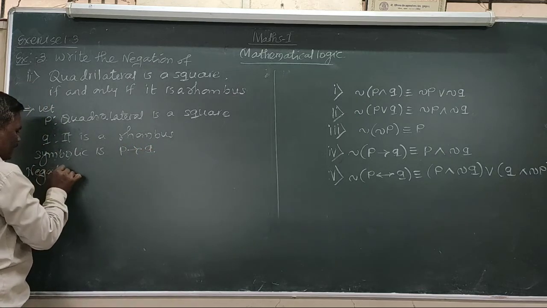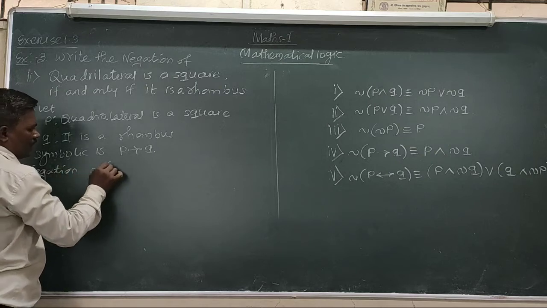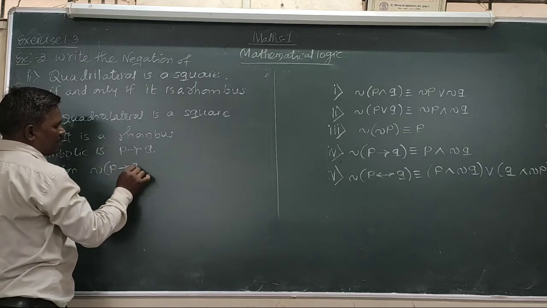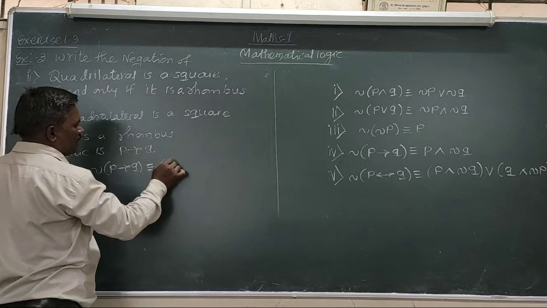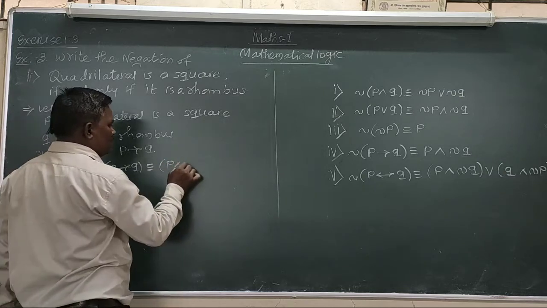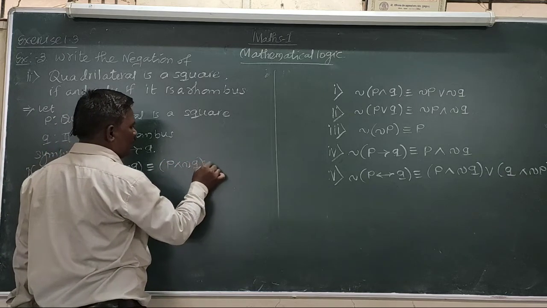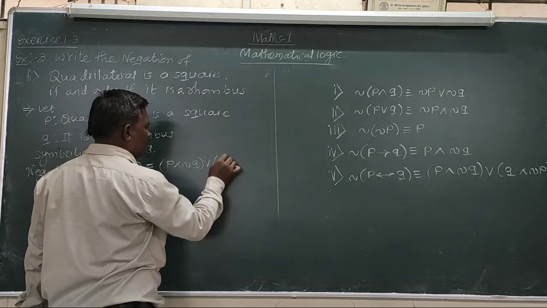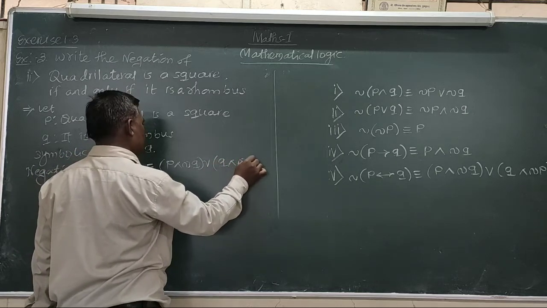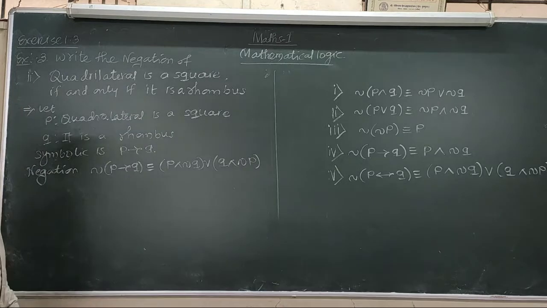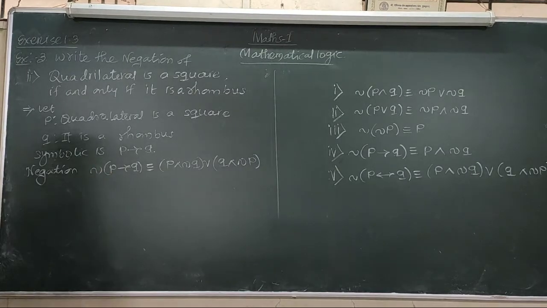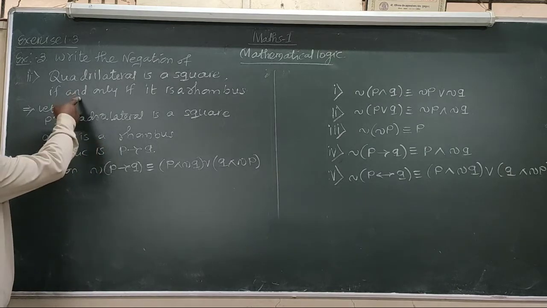We know that the negation of the biconditional statement, the double implication, is equivalent to (P conjunction negation of Q) disjunction (Q conjunction negation of P). Therefore, write it in this form.